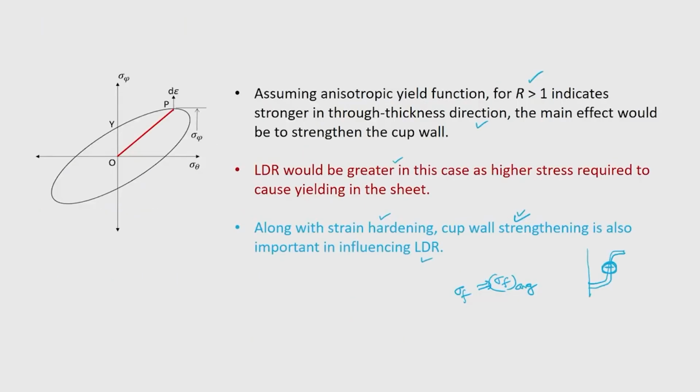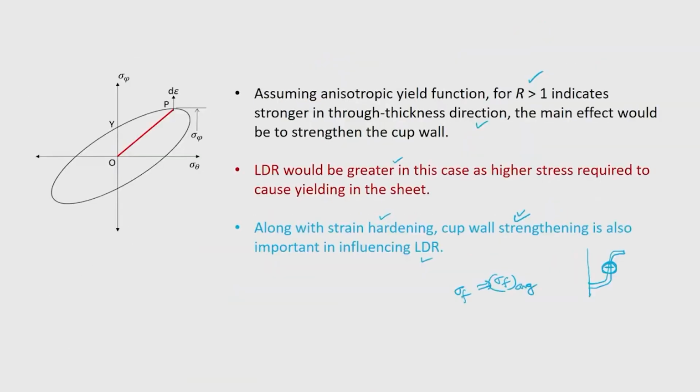Okay. So the effect of sheet anisotropy, if you want to study it, depends on the choice of yield function: Tresca, von Mises, or any anisotropic yield locus.